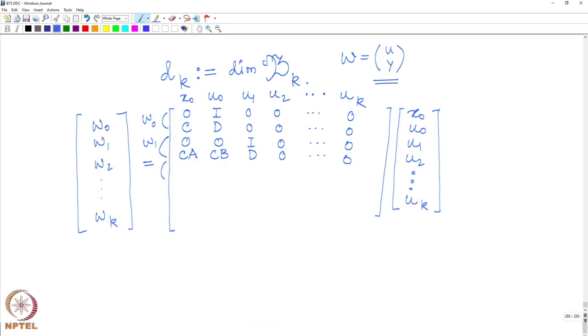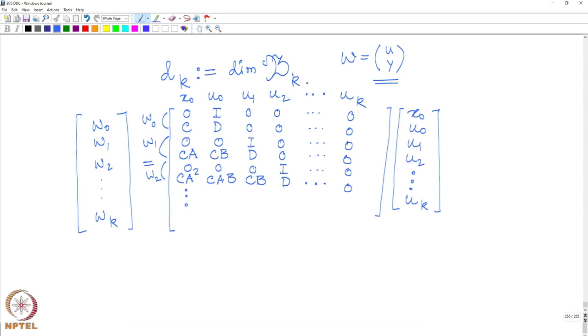Now I am to find out W2. For W2, the first entry is u2, which of course is this identity, up to 0. Then this is going to be C A squared, C A B, C B, and then D, up to 0. That is my W2.